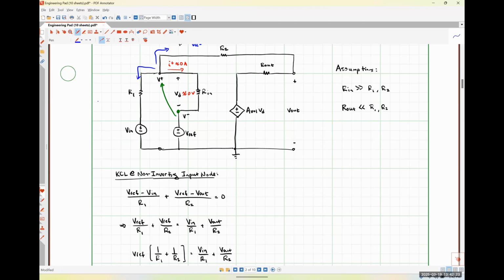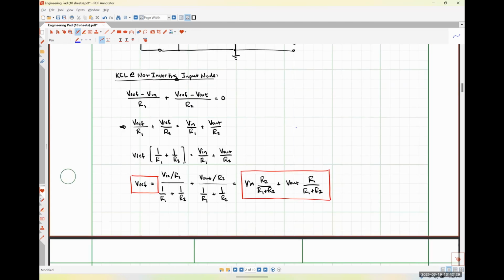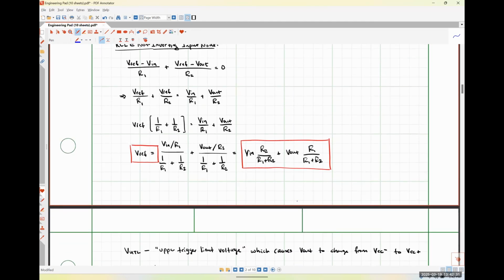Swapping Vref and Vn. So instead of literally rederiving all of this stuff because it's completely and utterly pointless, if I look at my equation and I swap Vref and Vn, that's going to be the result of that analysis, right?